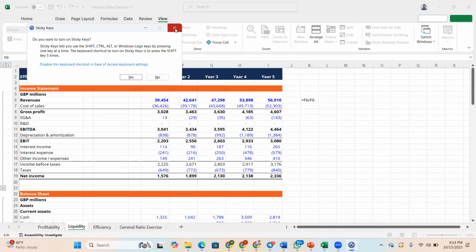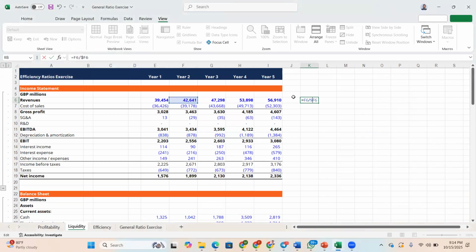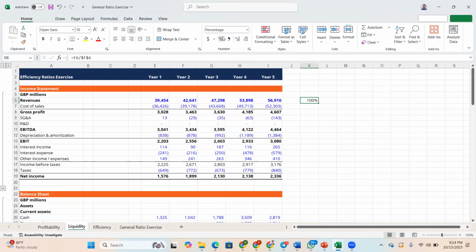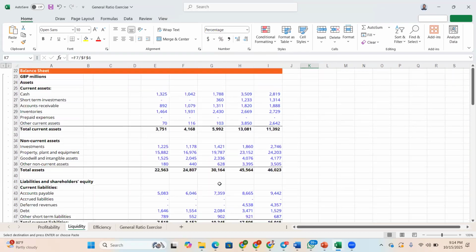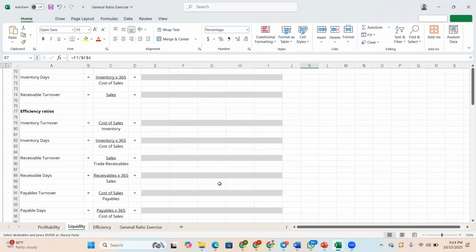Okay, 39 divided by, let me use my dollar sign here. I want this to be represented in percentage. Okay, good. So I can now drag this down. I can use this as a benchmark to say that my revenue, just like we have here.